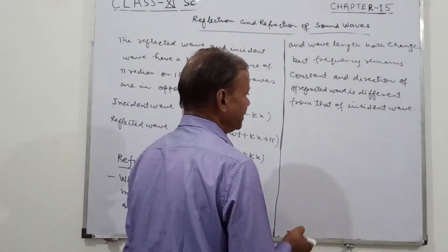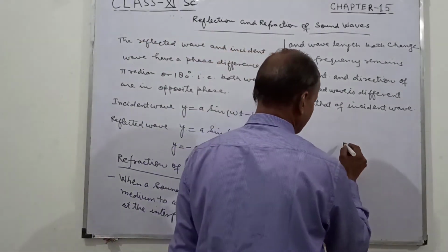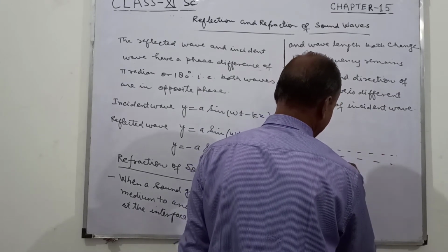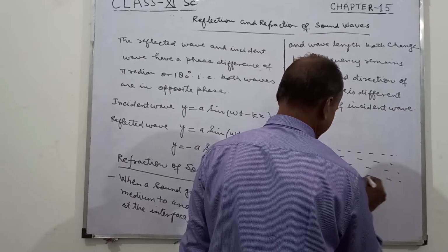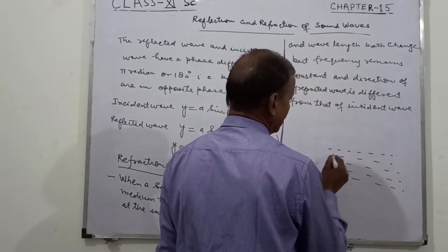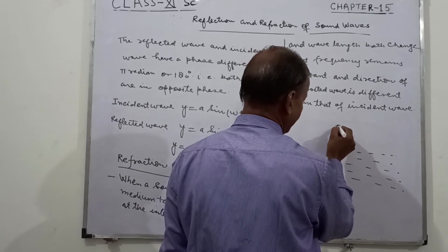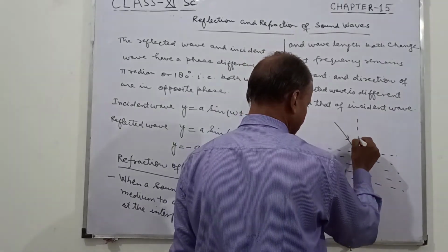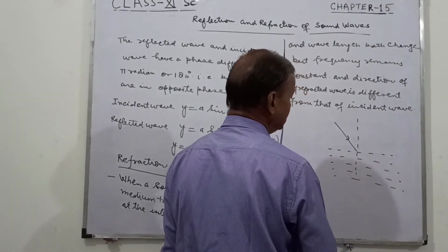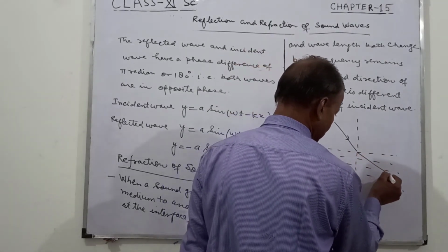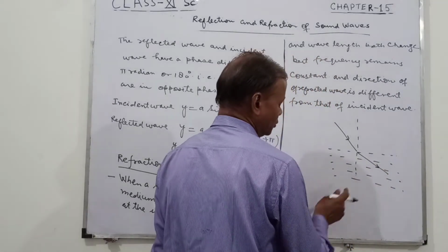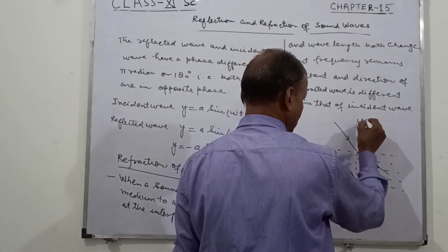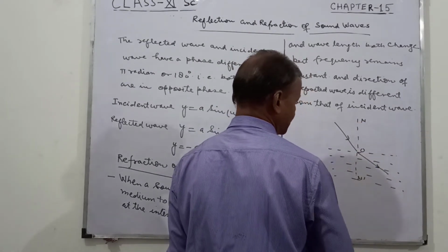So now you can have, let's suppose this is the interface, this is not denser medium, and here is suppose a wave. This is the normal, then this will go like this. So it will deviate away from the normal ON and NS.